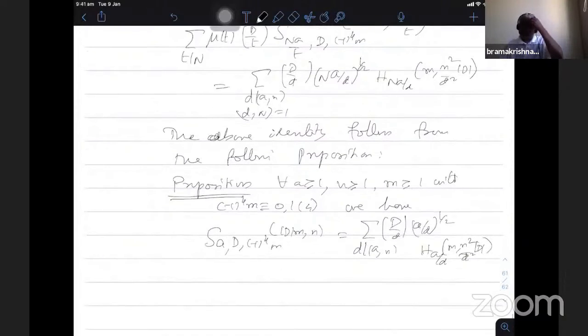Okay, how is this proved? Now observe that both sides are periodic functions with period 2a, and therefore taking the Fourier transform and calculating the Fourier coefficients individually, one can show that they are equal.